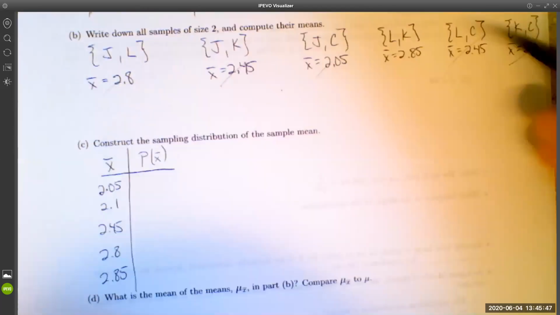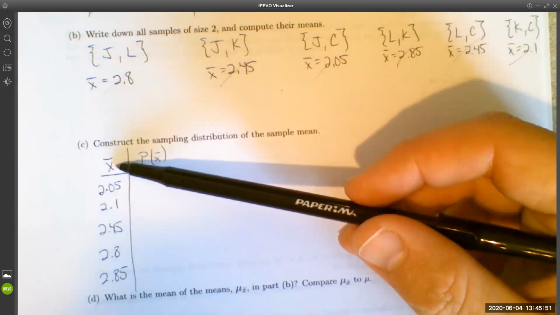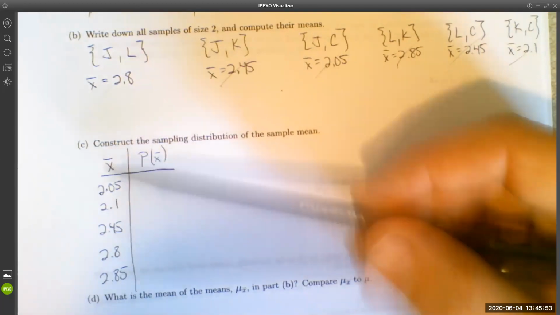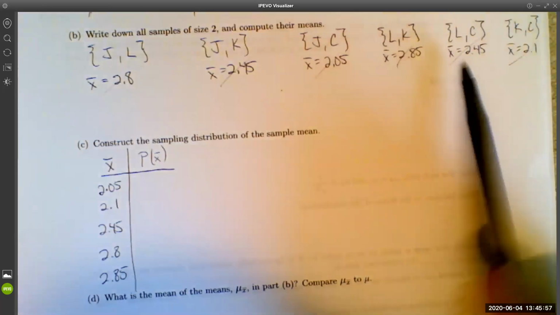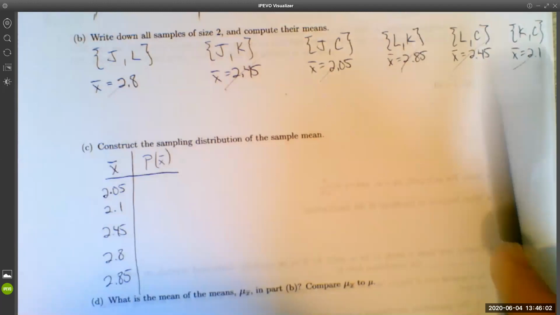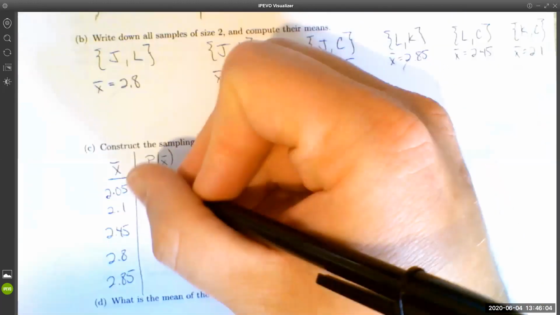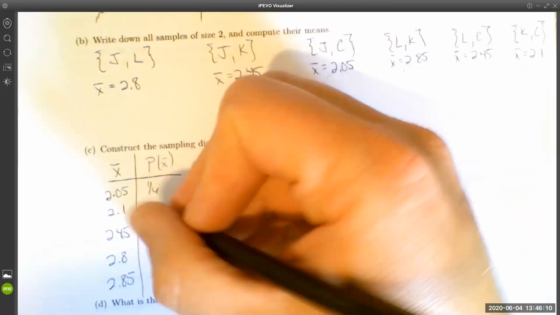So these are all of the possible values of x bar, but they're not all equally likely to occur, right? Like the probability that x bar is 2.05, well, there was only one time that happened out of our 6 possible samples, right? So that's just a 1/6 probability of occurring. Probability x bar is 2.1, again, 1/6.